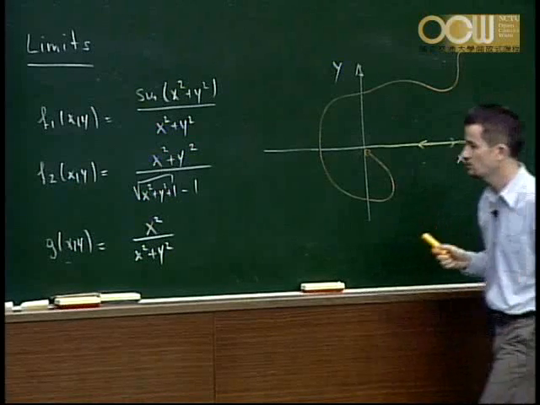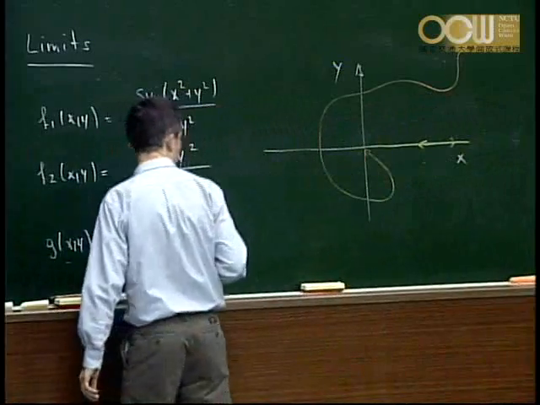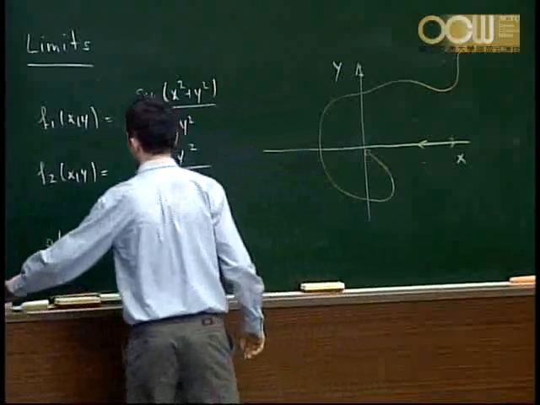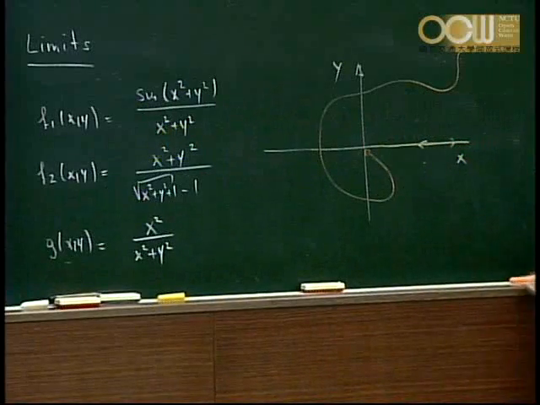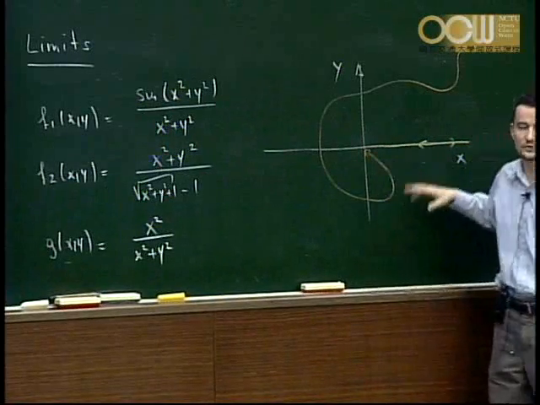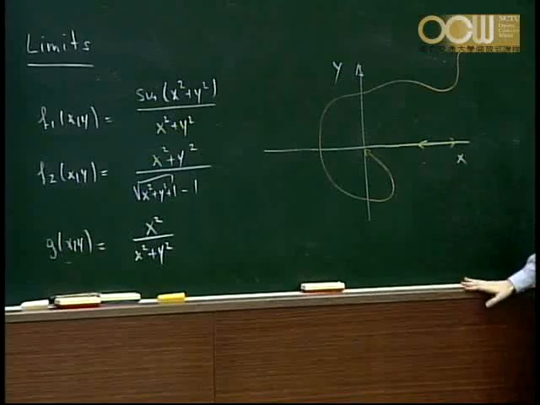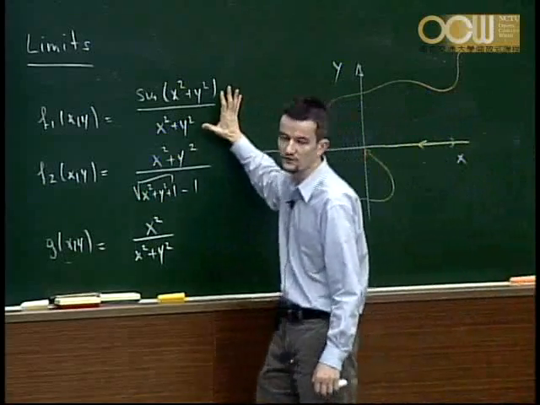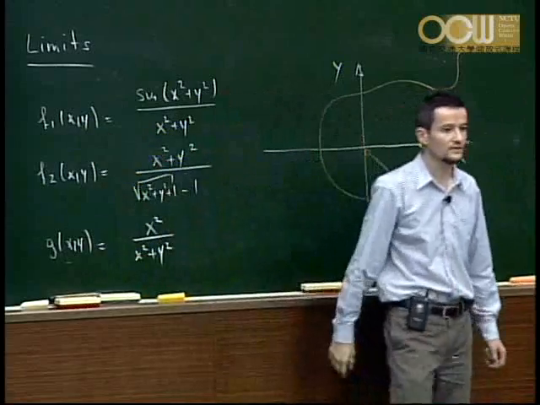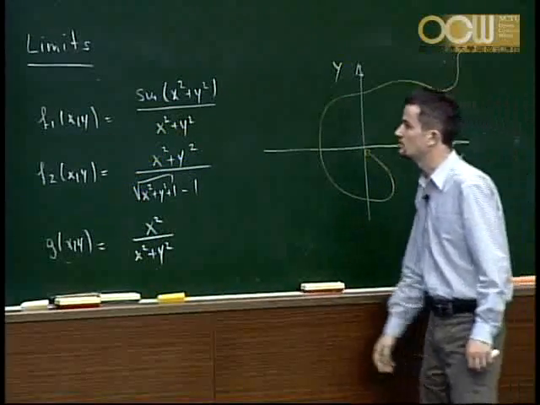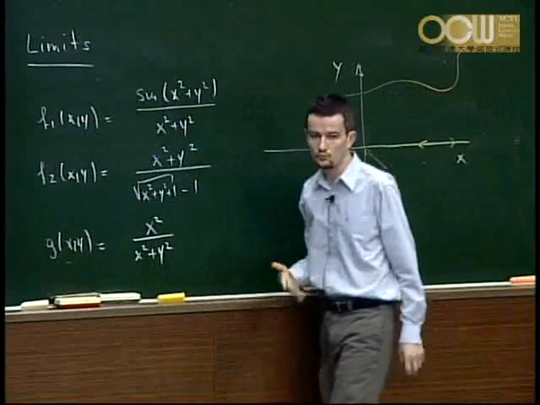Now if you do some experiments, for instance, you take the first function and approach the origin along different paths. You will figure out, no matter how you do it, for the first one, as x and y both are getting small, the function value seems to tend to 1.